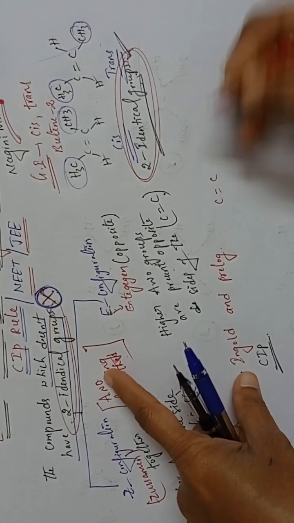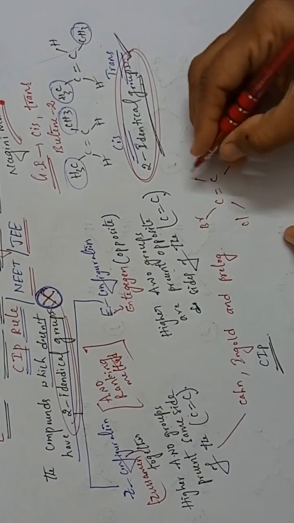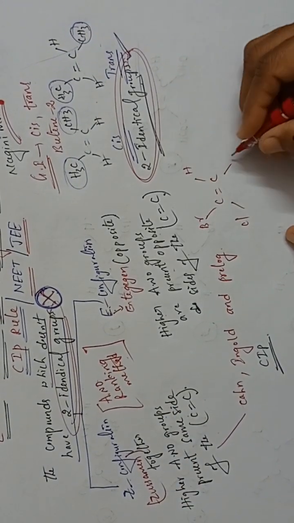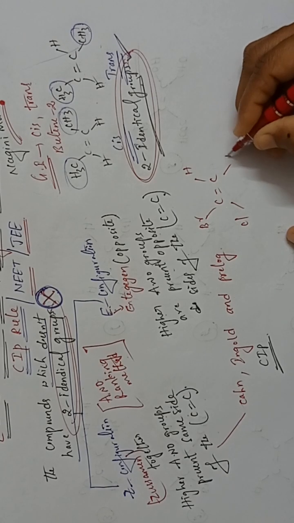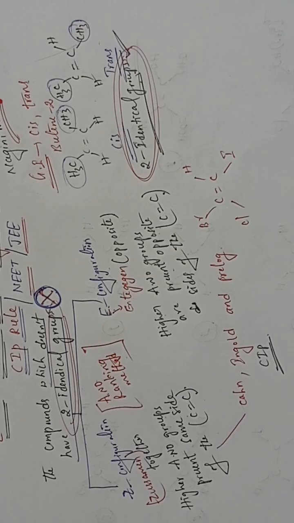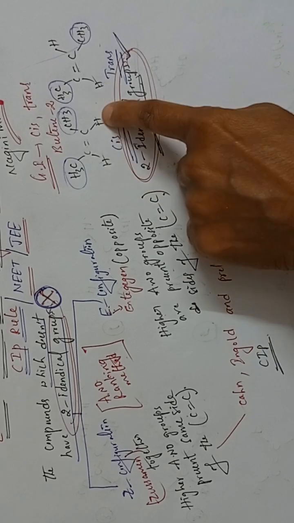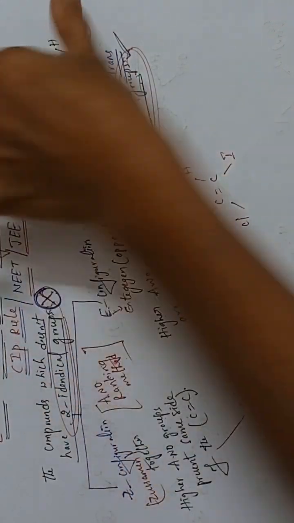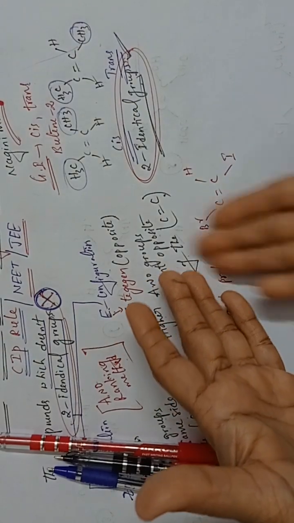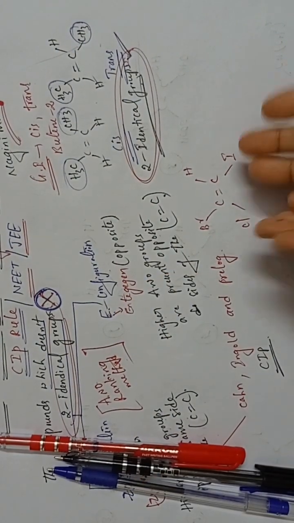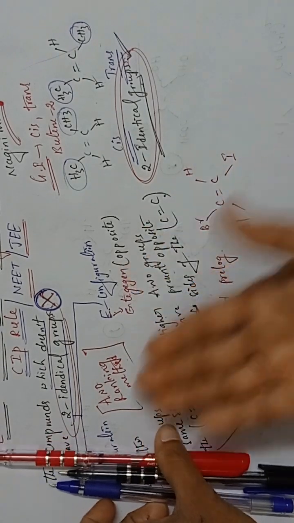See here, example: C double bond C, with bromine, chlorine on one carbon, and hydrogen, iodine on the other. Here identical groups are there, CH3, hydrogen, in the earlier example. But here all are different groups, understanding? So such compounds are classified into two categories, EZ configurations.